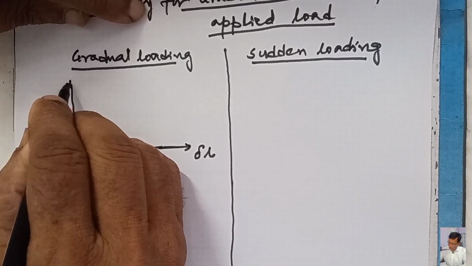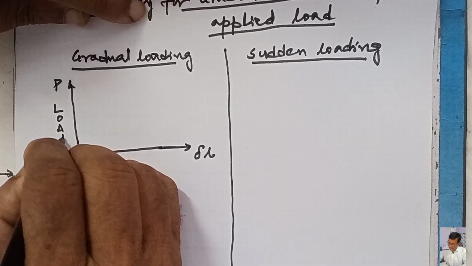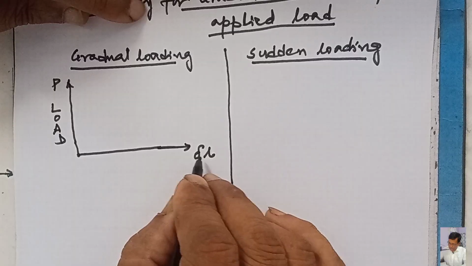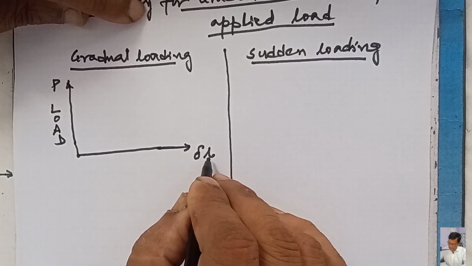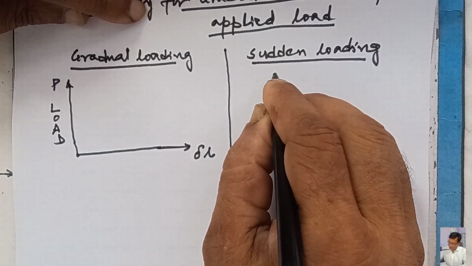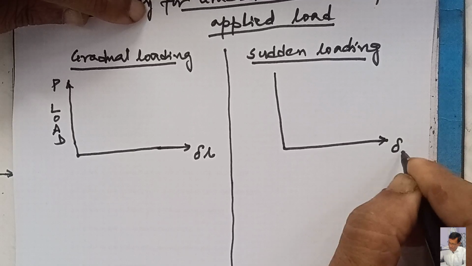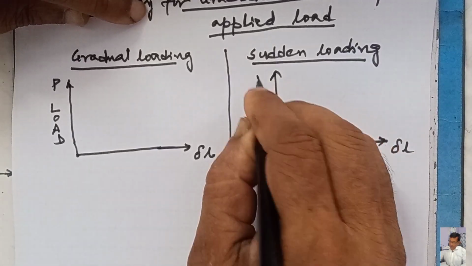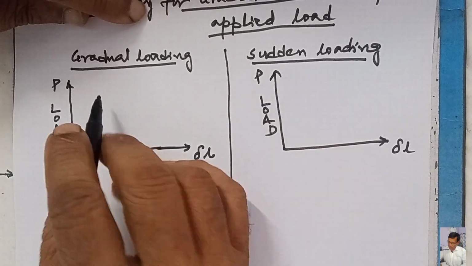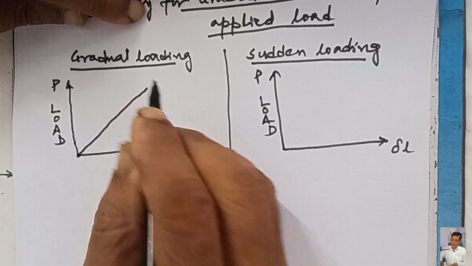X axis represents deformation del L and y axis load P. In case of gradual loading, the curve will be like this.